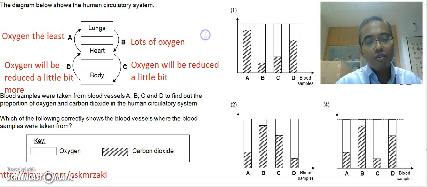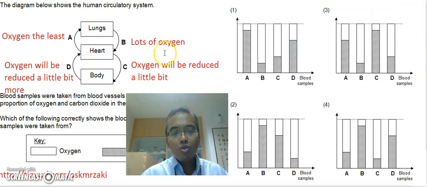So you can see from here that from the options, we have the most oxygen at B, and the least oxygen at A. So we have B, and then C reduced a little bit, and then D reduced a little bit, and then at A it will be the least. So just from there we know that the answer would probably be number 1.